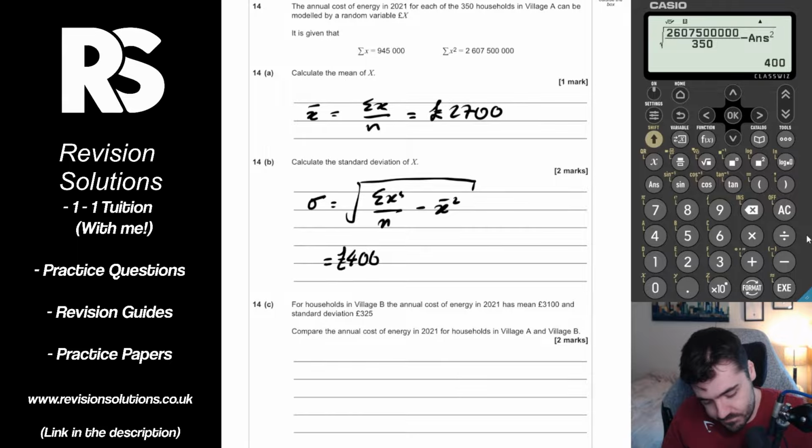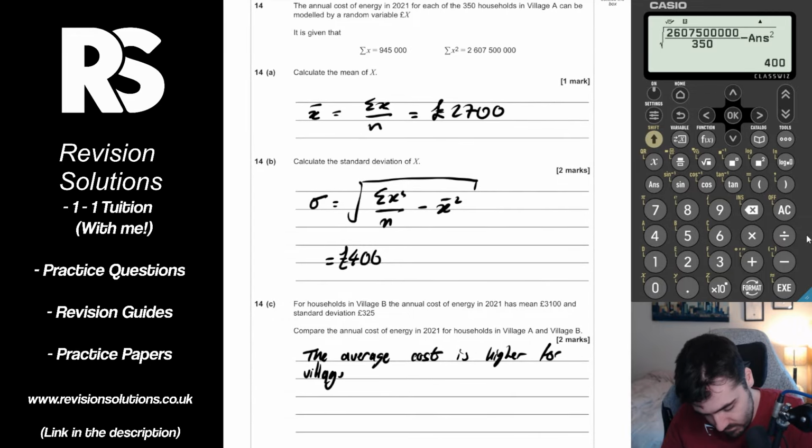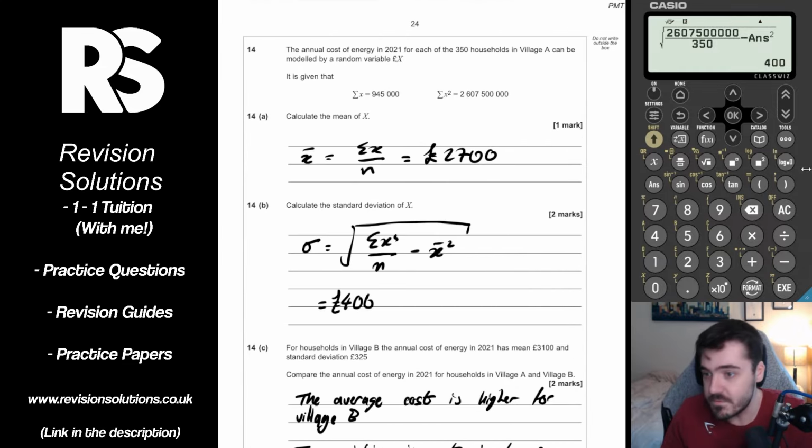So the average cost is higher for Village B. But the variation in cost is lower. Okay, that's the end of 14.